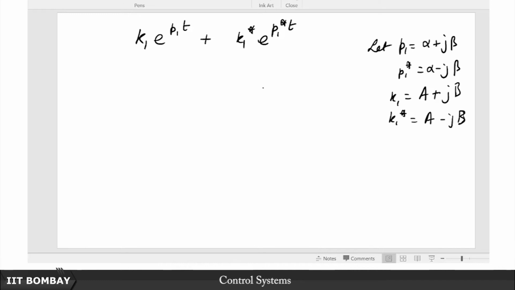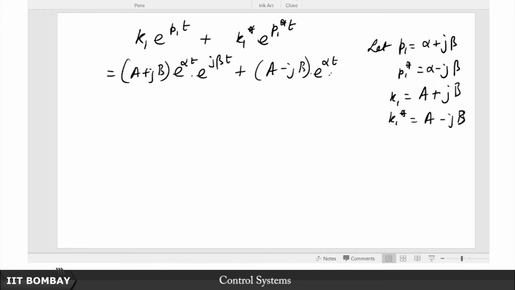If I do that, then this expression turns out to be nothing but a plus jb times e to the alpha t e to the j beta t plus a minus jb times e to the alpha t e to the minus j beta t. You can always do that because alpha plus j beta can be written in this fashion. For products, we know we can split the indices like this.